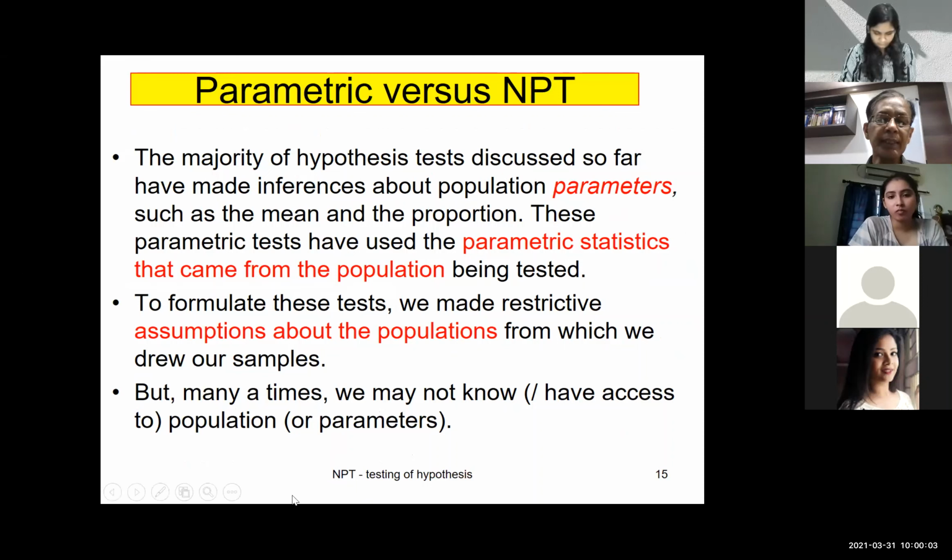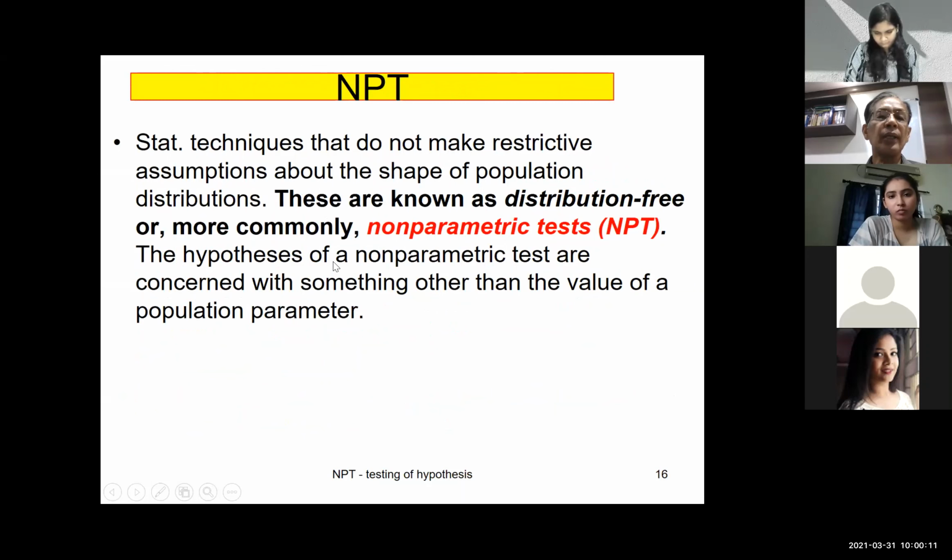In such situations where we do not know the population, these parametric tests cannot help us. But luckily, some statisticians have developed very easy, convenient, comfortable techniques which do not use parameters. Those are called non-parametric tests.